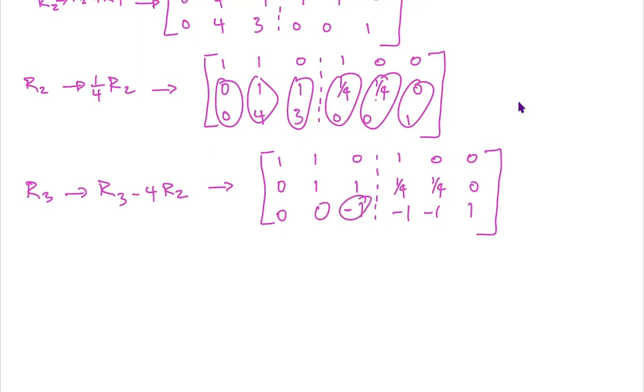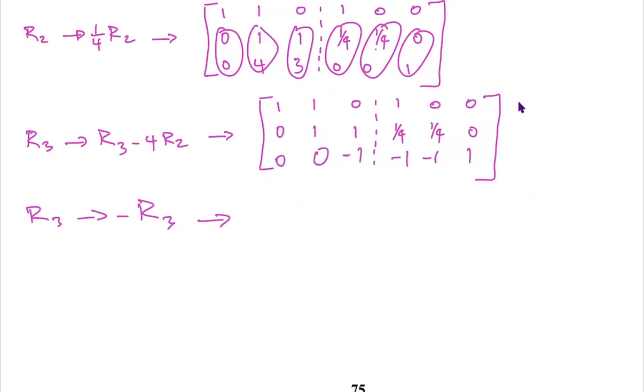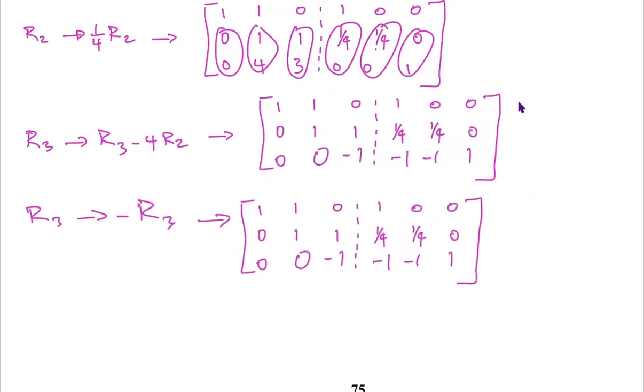Then we can make R3 receive negative itself, right? So that's not going to change the whole thing much from what it was, because only R3 will switch sign.